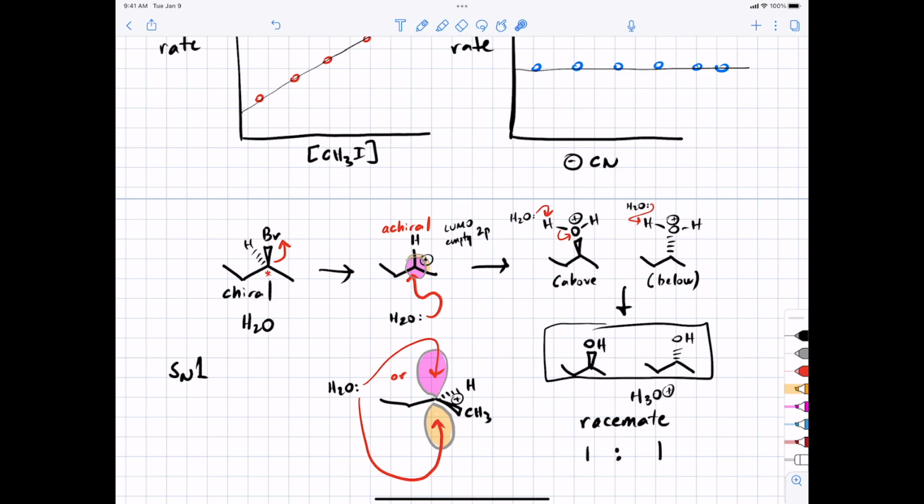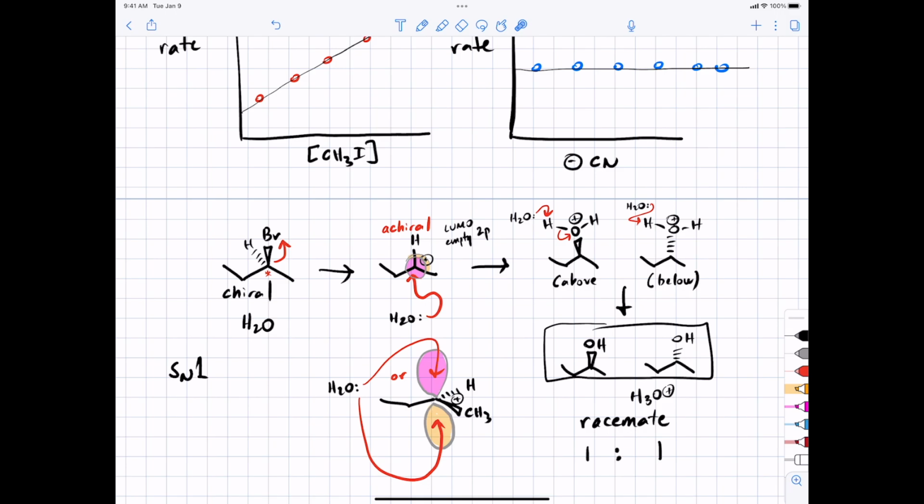Okay, yeah? Is this kind of thing pretty common? We see this a lot with racemates. Yes, this is one way you can get a racemate: if you go through a not chiral intermediate or your starting material is not chiral.